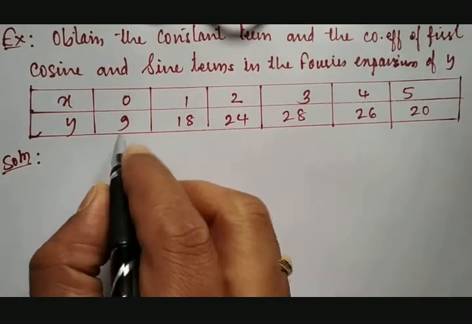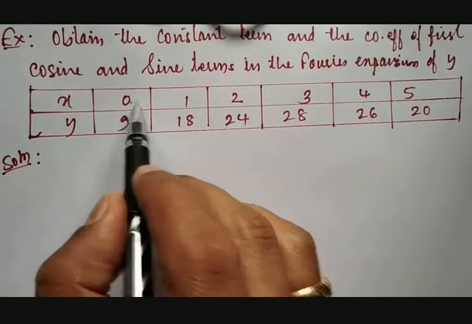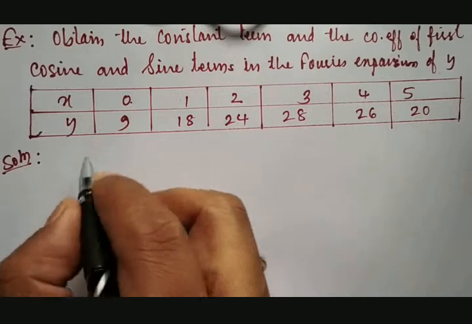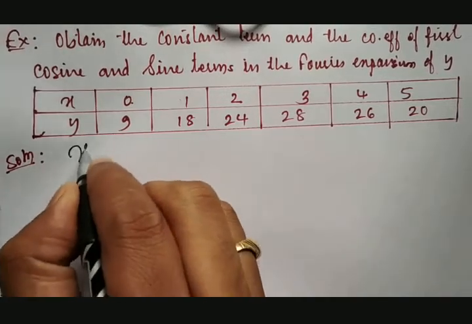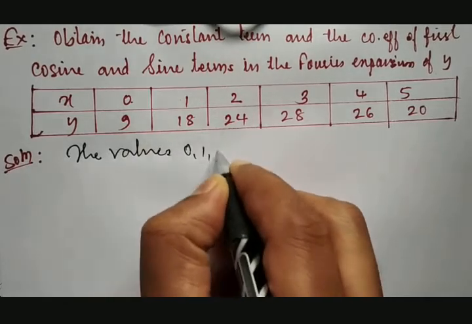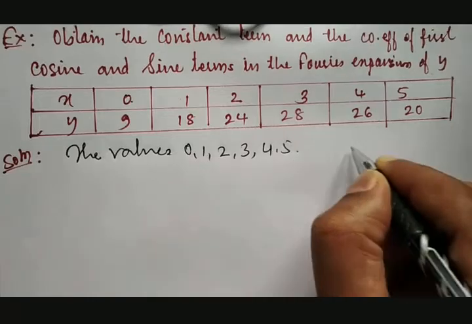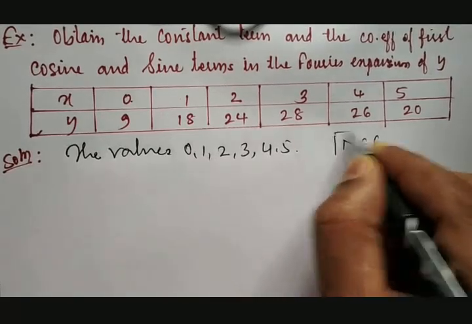Here the values of x given are 0, 1, 2, 3, 4, 5, where n is equal to 6.